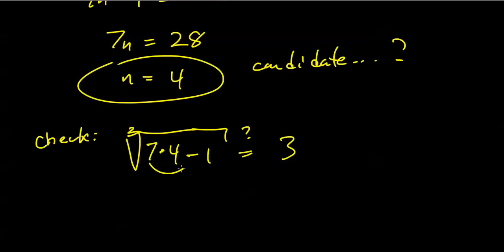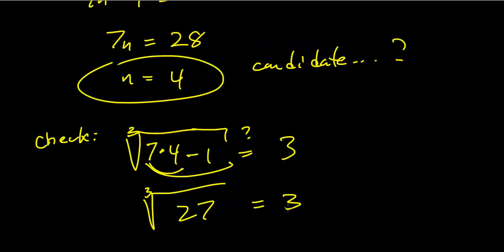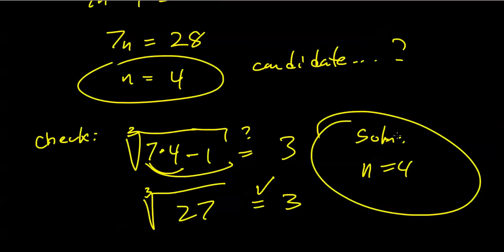Well, 7 times 4 is 28, and 28 minus 1 is 27. So on the left-hand side, I see the cube root of 27, and that should be equal to 3. Yes, it is. So my candidate for solution checks, so I've got a final solution of n equals 4.